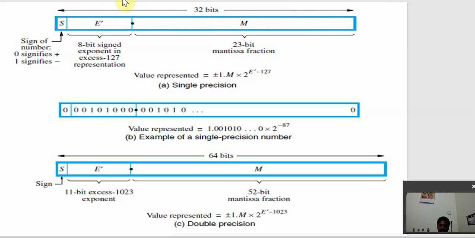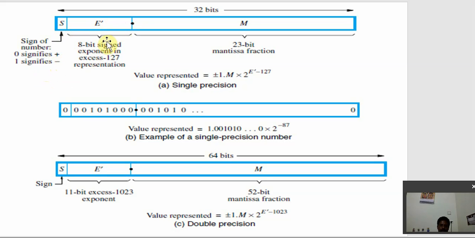Of this 32-bit length, one bit is called the sign bit S. 0 signifies plus and 1 signifies minus. If this bit is 0, then the value is a plus value; if the bit is 1, the value is a minus value.